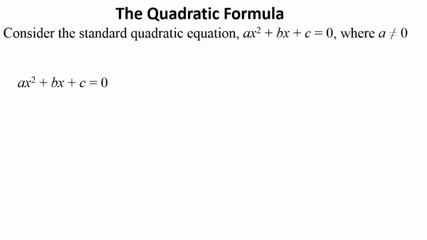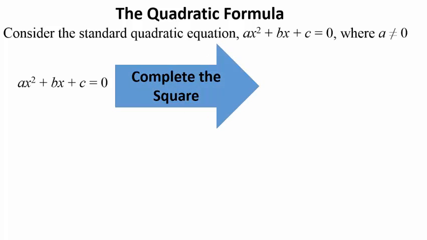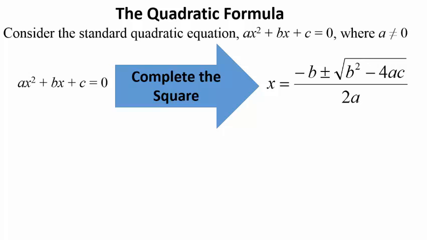If we take this equation, complete the square on it, that results in the fact that the variable, which in this case is x, equals negative b plus or minus the square root of b squared minus 4ac all over 2a. This is called the quadratic formula.